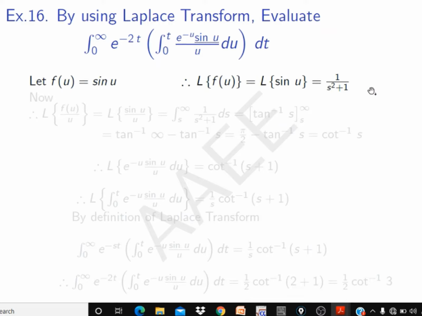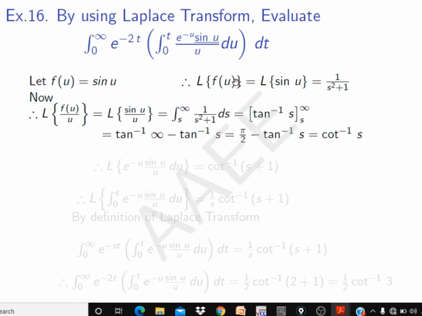Now we want to find the Laplace transform of sine of u upon u. So this will be the integral of f of u upon u, that is the integral from s to infinity of 1 upon s square plus 1, and the value of this integral is tan inverse of s from s to infinity.